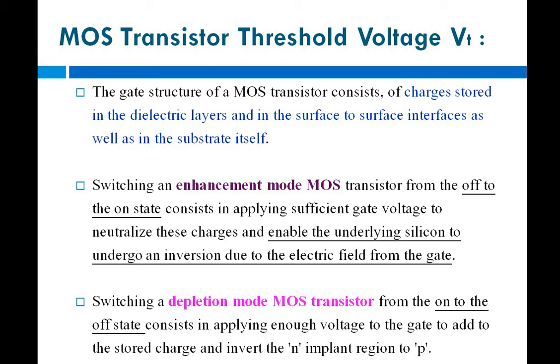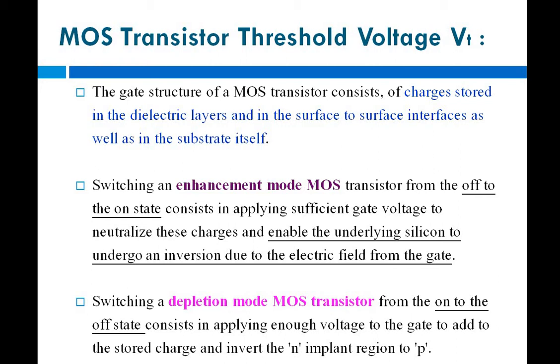So we have to see what enhancement mode actually means: the transistor is normally in the off condition, right? You remember that. So the transistor is normally off, and then the VGS value will obviously be 0. In enhancement mode the transistor goes from off to on state, meaning it will be off, and after applying some voltage it will go on, but it is in the off state only when VGS is equal to 0.